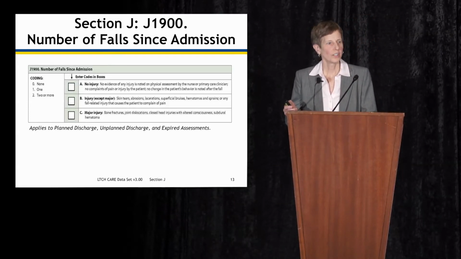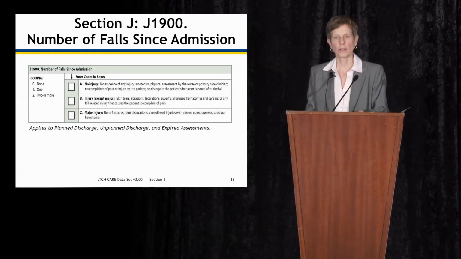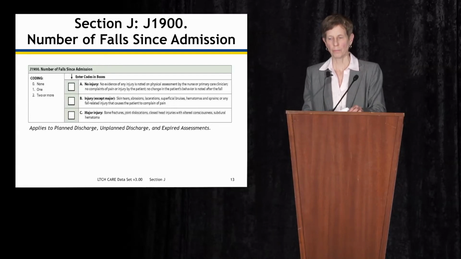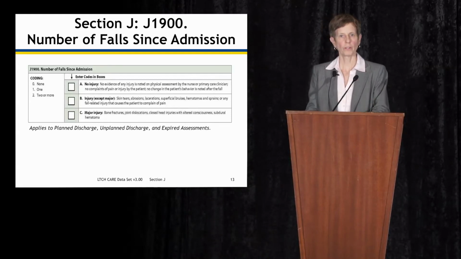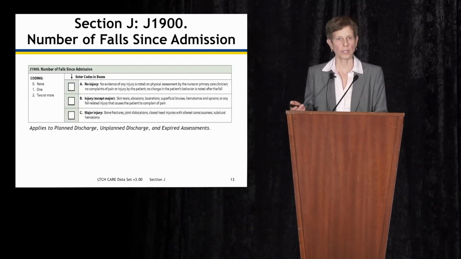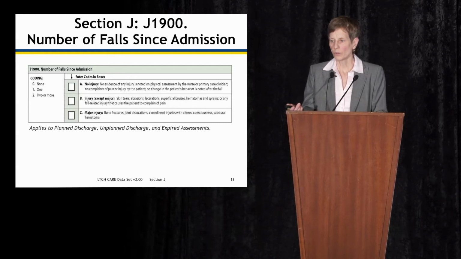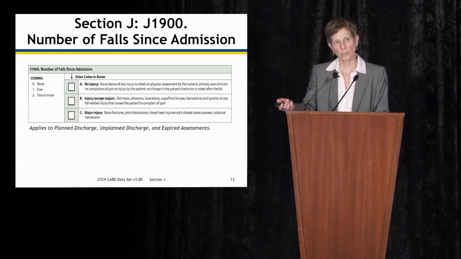The next section is J1900. This is where we start capturing the type of fall. So there are 3 parts of J1900, A, B, and C, and we'll be going over each of those. Again, we're recording the number of falls since admission and the type of falls. We're categorizing the falls.